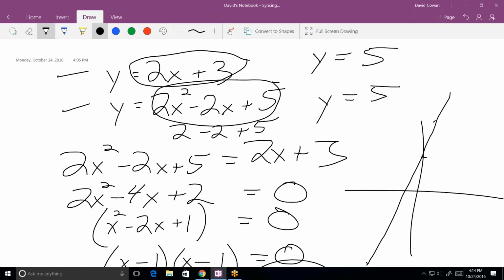It's a quadratic that opens up, but it must only have one solution. It's a quadratic that looks something like that, and that is x equal 1. In other words, that point is 1, 5, where they intersect.